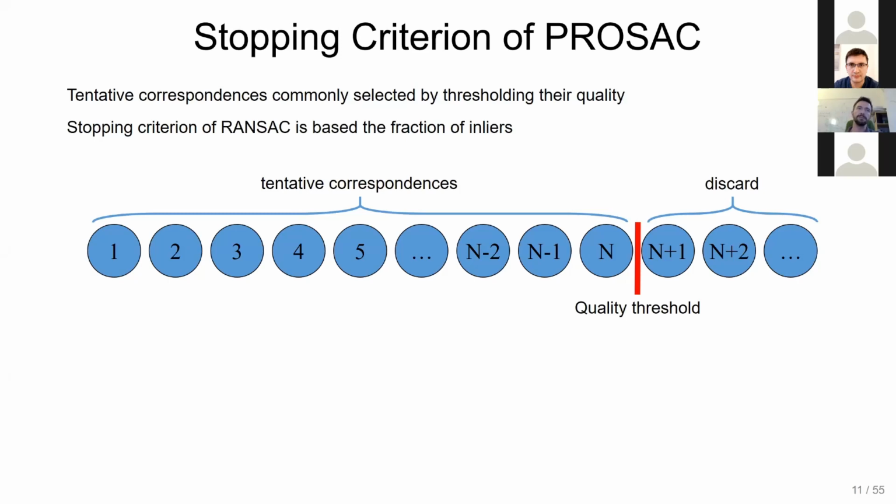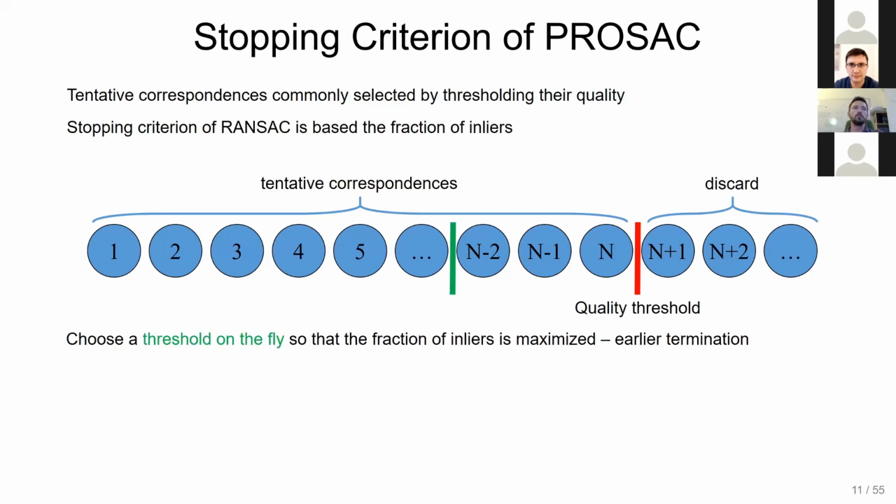And we said previously that the number of samples that is drawn in RANSAC depends on the fraction of inliers. So would it be possible to choose the threshold on the fly so that the fraction of inliers is actually maximized on the top set of the correspondences, so that we can terminate earlier?